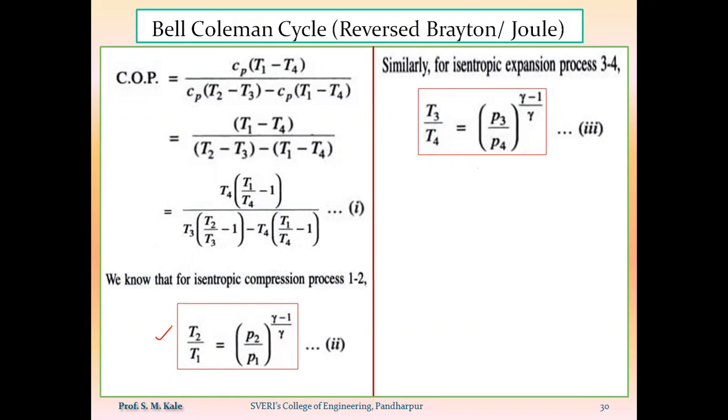If the process were polytropic, then instead of gamma, our exponent would be n minus 1 upon n. But as this process is isentropic, we take gamma. So this is the conversion of temperature into pressure for process 1 to 2, and this is the conversion of temperature into pressure for process 3 to 4.